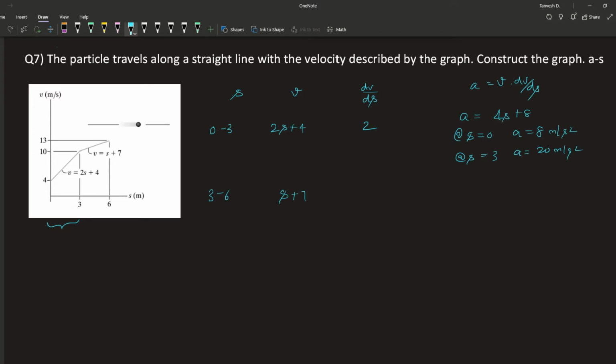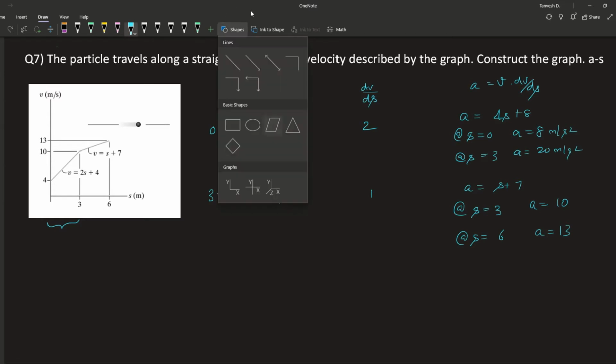The derivative of this with respect to displacement is 1. So acceleration will be also equal to s plus 7. At s equals 3, we have acceleration is 10, and at s equals 6, we have acceleration as 13. So that's it. These are the values that we need to plot on the graph.